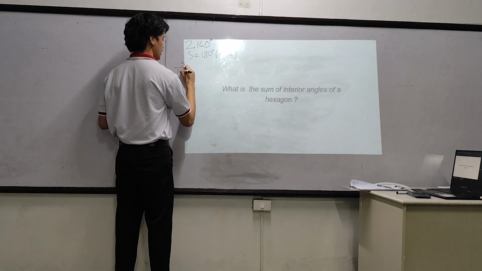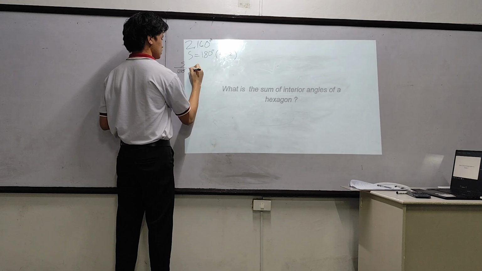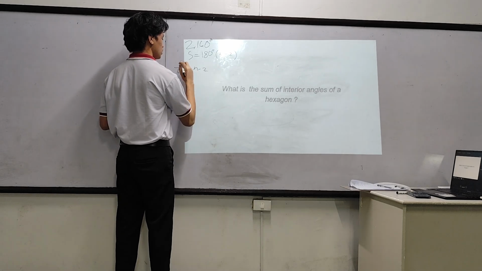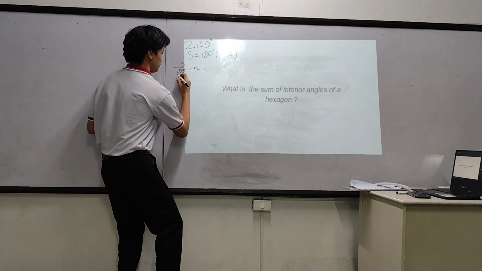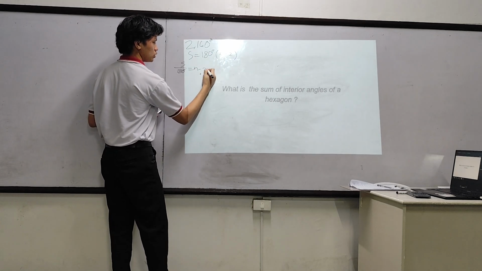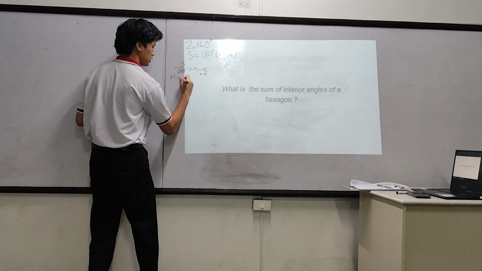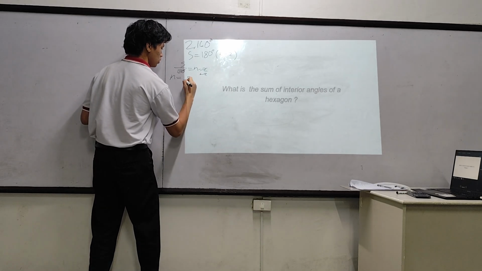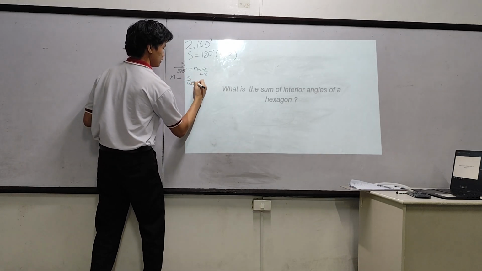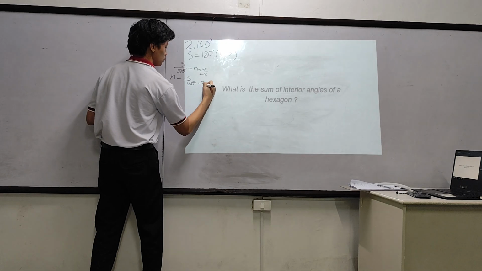S divided by 180 degrees is n minus 2. So we just have to add 2 to that, then it cancels out. So n is equal to S over 180 degrees plus 2.